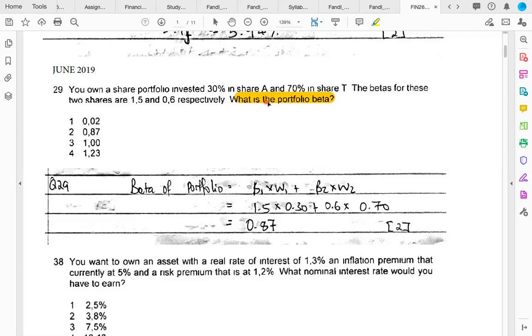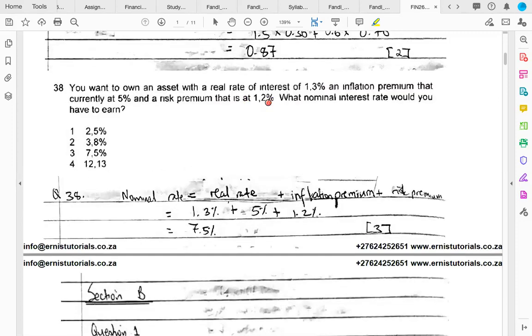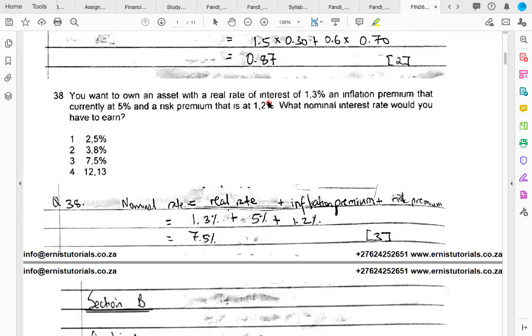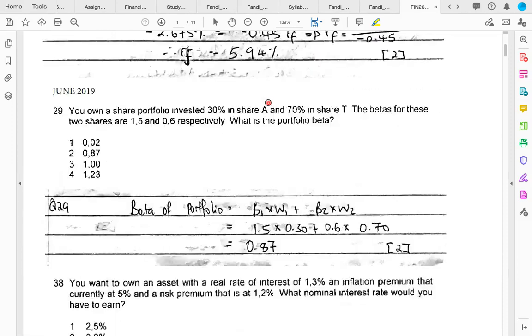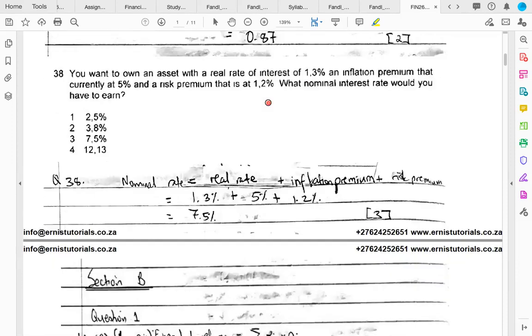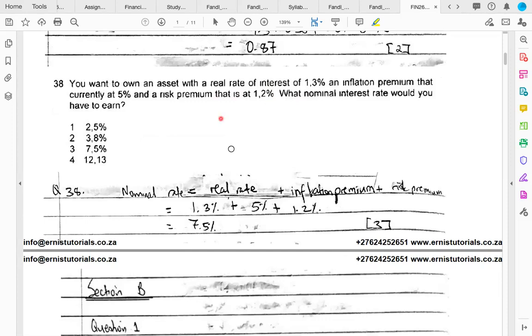Then the next part, I also asked you to look at number 38 from the same paper, which is June 2019. We are told you want to own an asset with a real rate of interest of 1.3%, an inflation premium at 5%, and a risk premium at 1.2%.